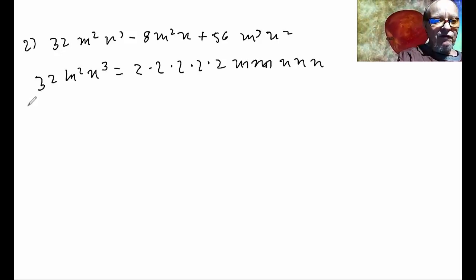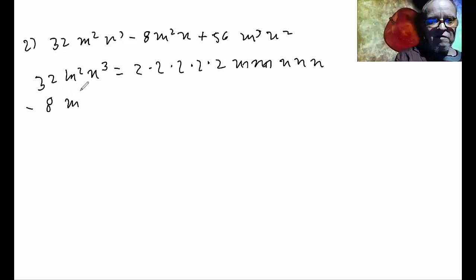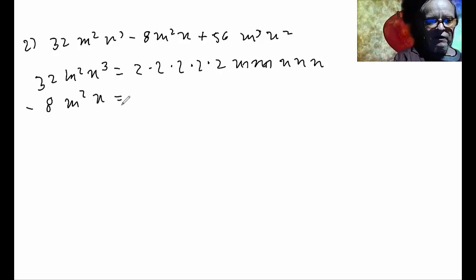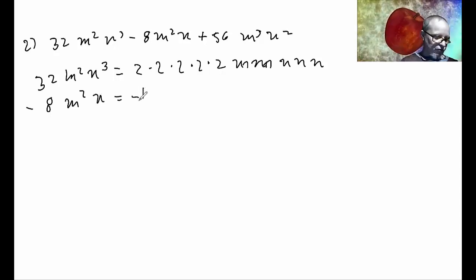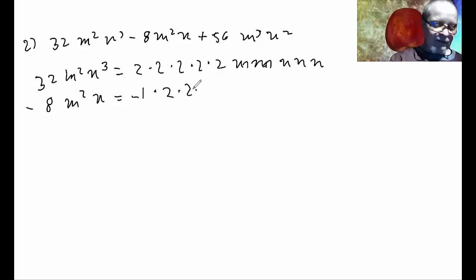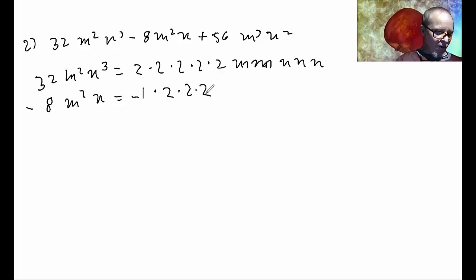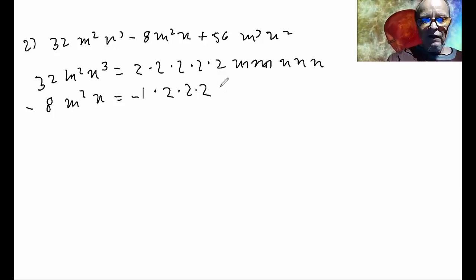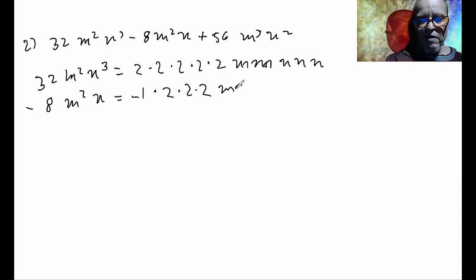And from the negative 8, we have negative 8 m squared n is equal to, and this is very important, we factor out the negative 1 times 2. Negative 1 is one of the parts, times 2 times 2 times 2, and then m squared m, and then n.